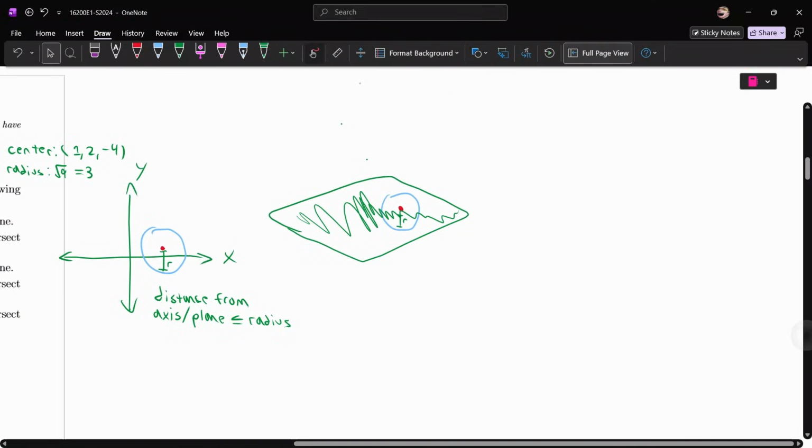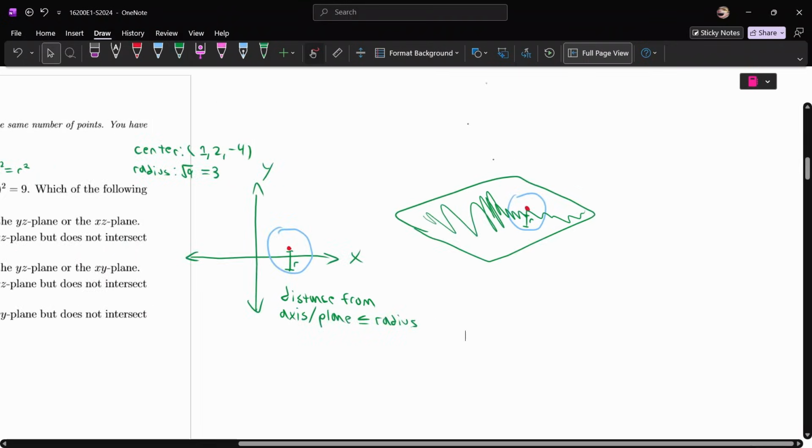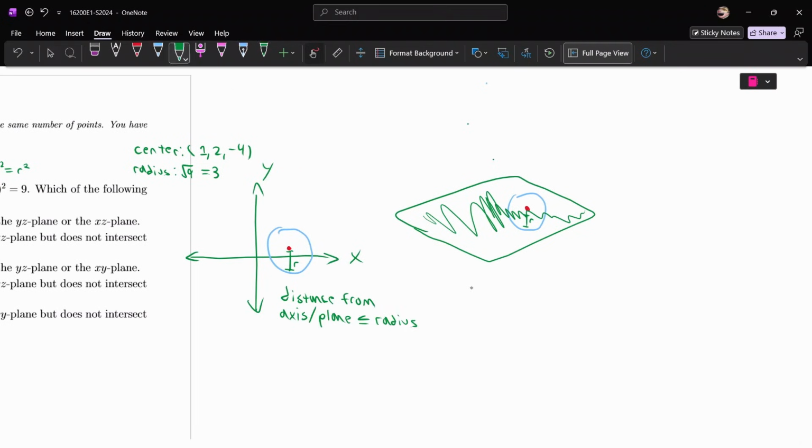So the next thing I'm going to do is draw a better 3-dimensional plane. Or actually, no, I don't think we have to. I think this drawing illustrates my point pretty well. So we have a center here of (1, 2, -4). And we know that an xy plane corresponds to the z coordinate being equal to 0.